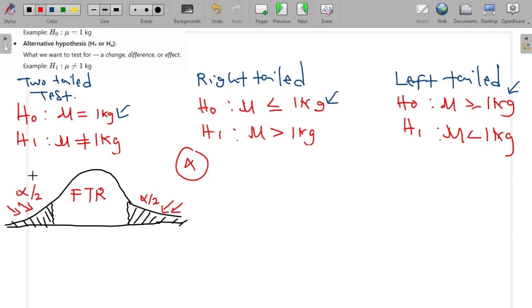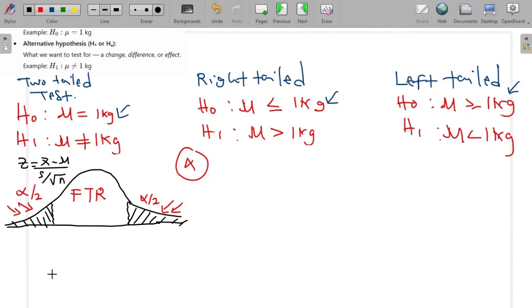In formula form, if for example I'm using the Z statistic, which is given by x bar minus the population mean over the standard deviation and then root n.